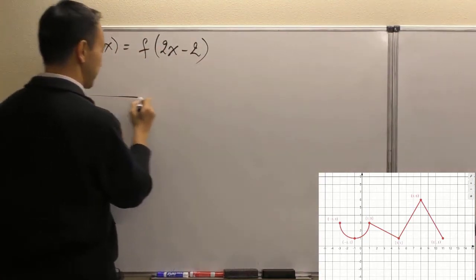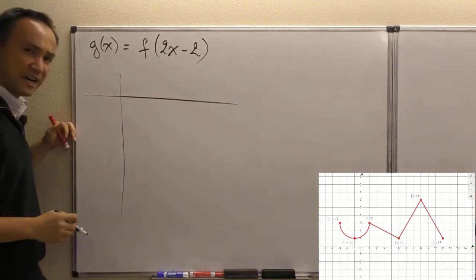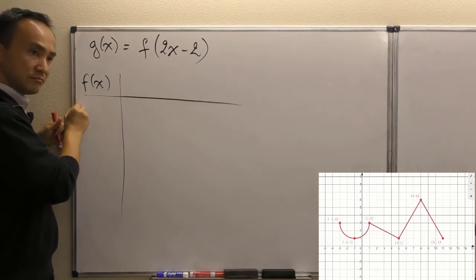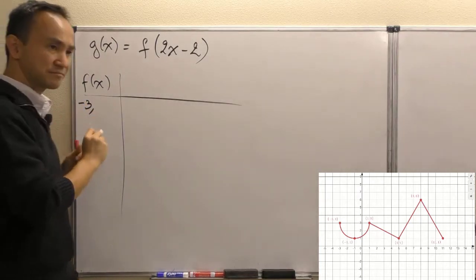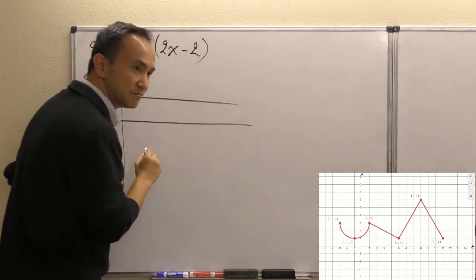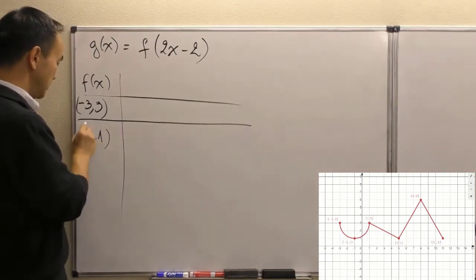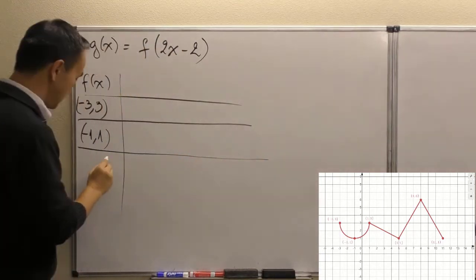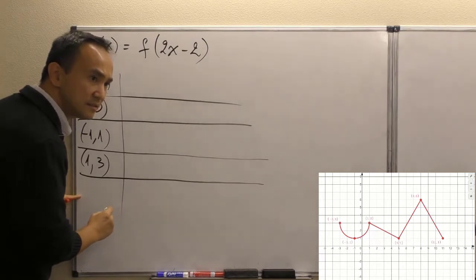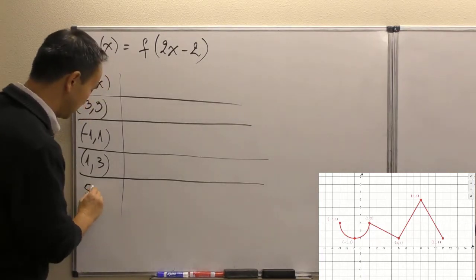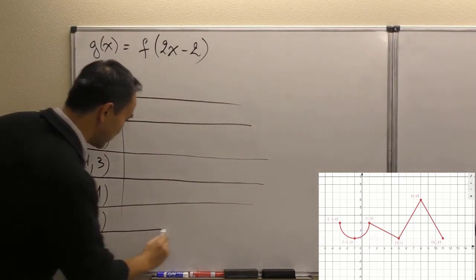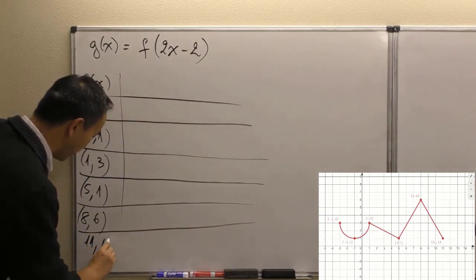So on the set of guiding points, the parent function had (-3, 3), and then we had (-1, 1), we had (1, 3), we had (5, 1), and we had (8, 6), and we had (11, 1).